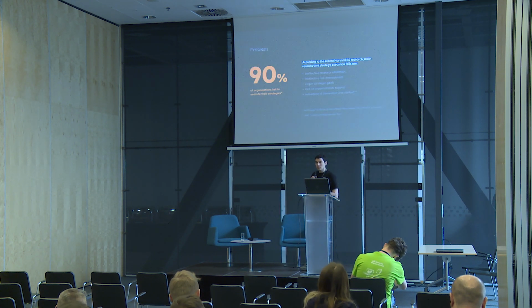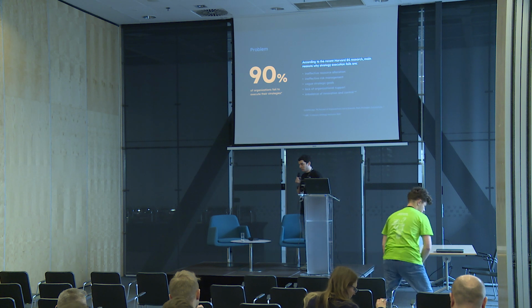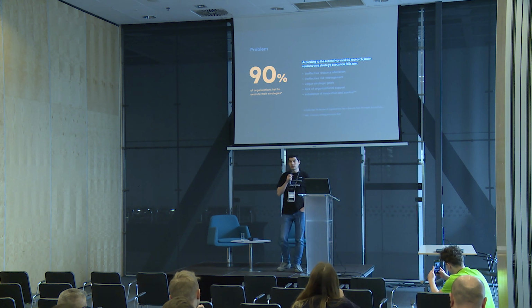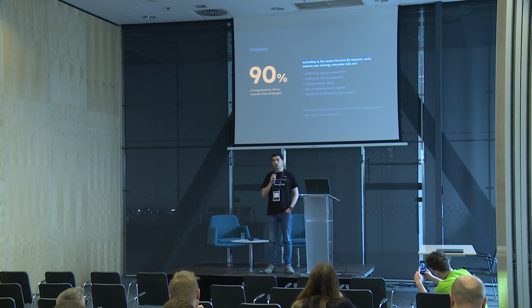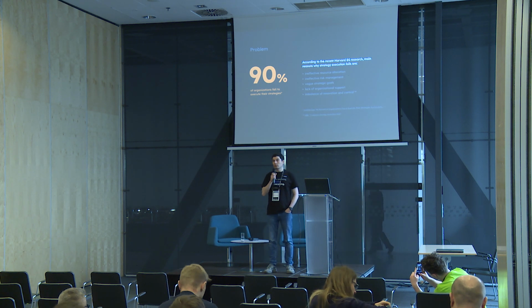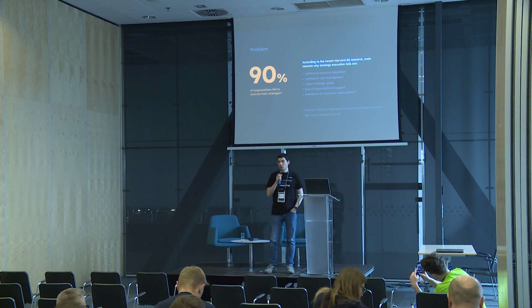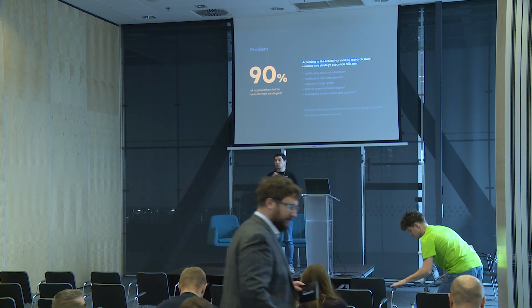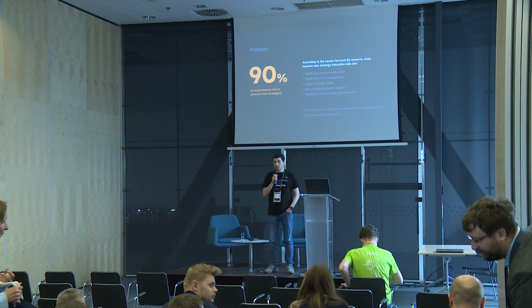Super. So let's start. First of all, I would like to tell you why we decided to build our product called OKR Board for Jira. Based on Harvard Business Review research, 90% of companies face the problem of strategy execution.